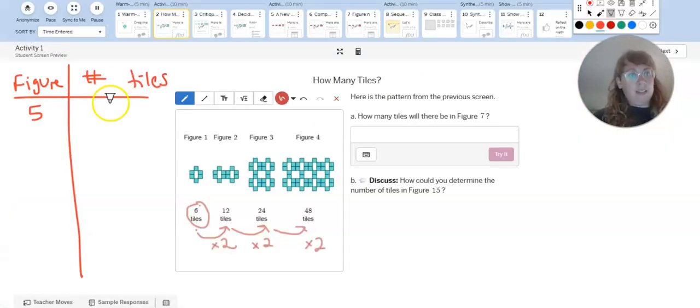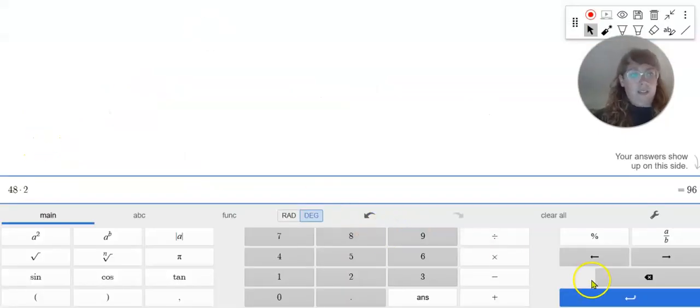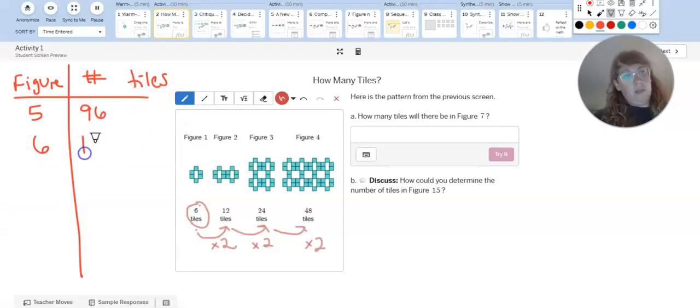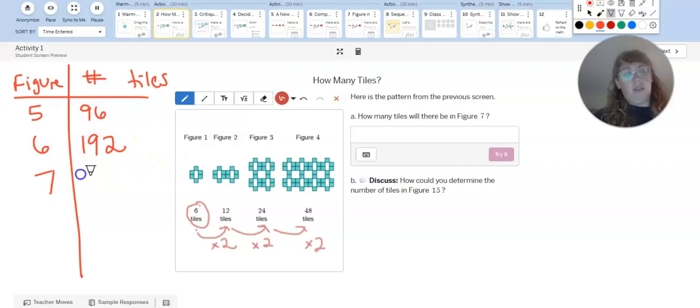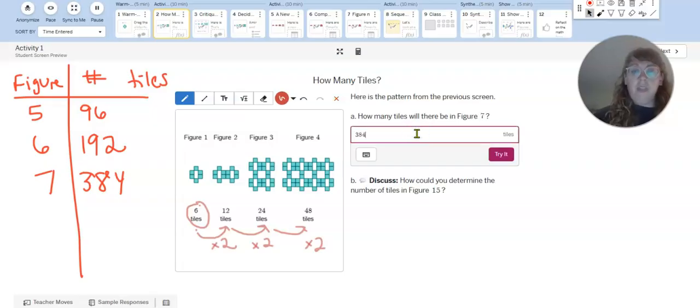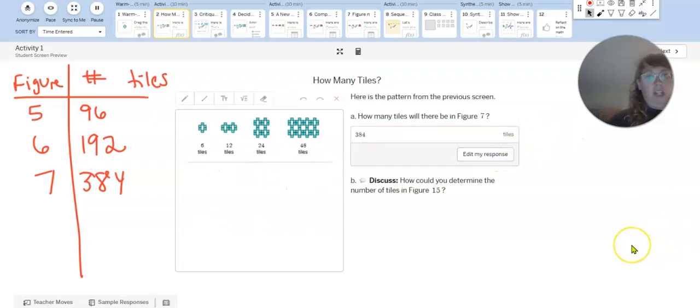Gets us 96. For figure 6, 96 times 2 is 192. And then finally, figure 7 is 192 times 2, which gets us 384. So this is doing it not using a formula, but just doubling that amount each time.